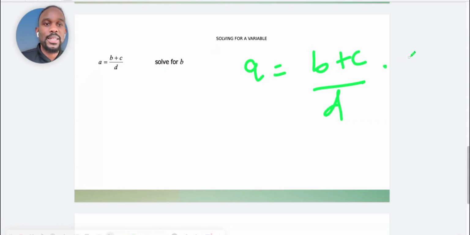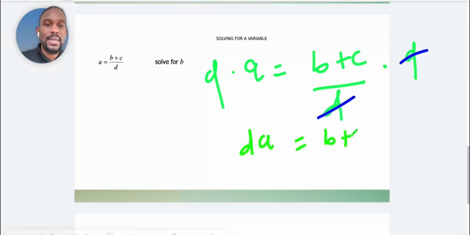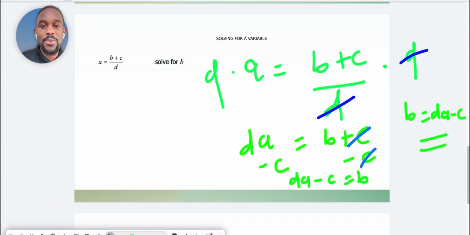I'll multiply this side by D, and this side by D. Then we will have D A is equal to B plus C. But remember, we want B alone on this side. So to undo plus C, we'll subtract C from both sides of the equation. That's how we're going to be doing it.